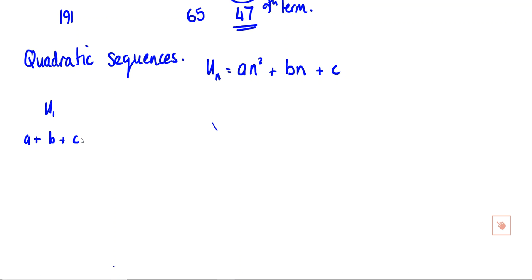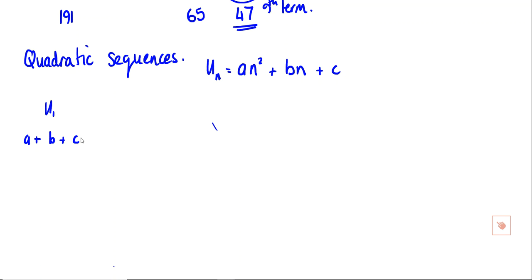Is everyone happy with that? Could you explain why to me? Well, because the n's are just 1. So it's just going to be a squared plus b. Not a squared, sorry, and then since n is 1, it's going to be 1 squared, which is just 1, and so it's going to be a times 1, so it's a plus b plus c.